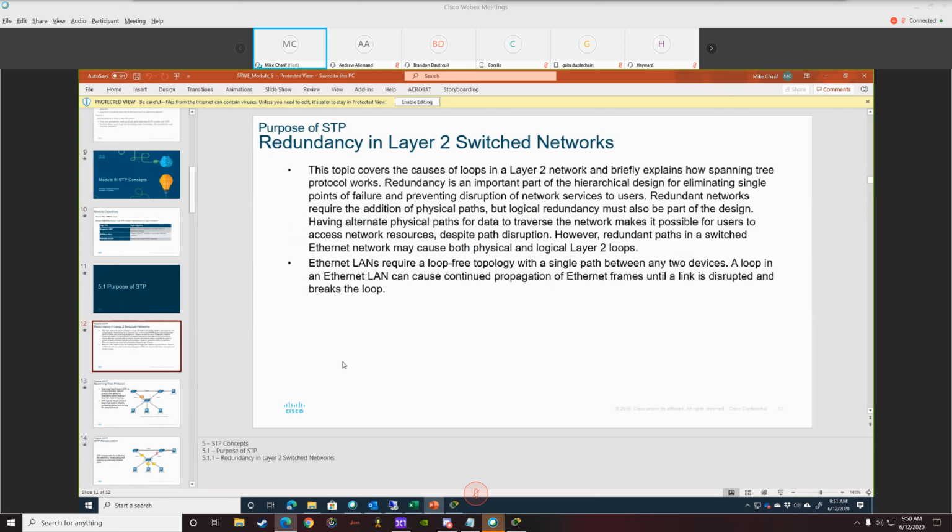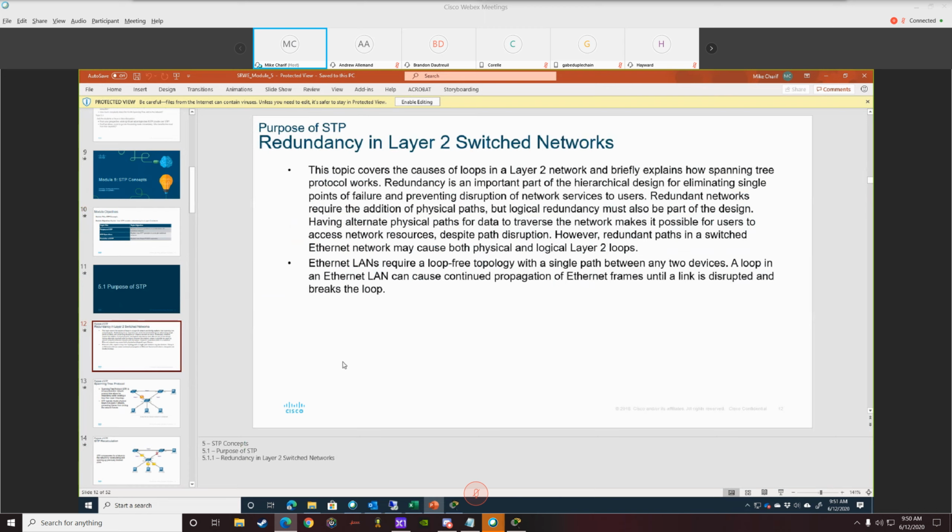One of the redundancies we need to create, especially in the infrastructure, is multiple links, so that if one link goes down, we have an alternative. But the redundant link is going to cause a problem with loops. To solve that, we need STP.